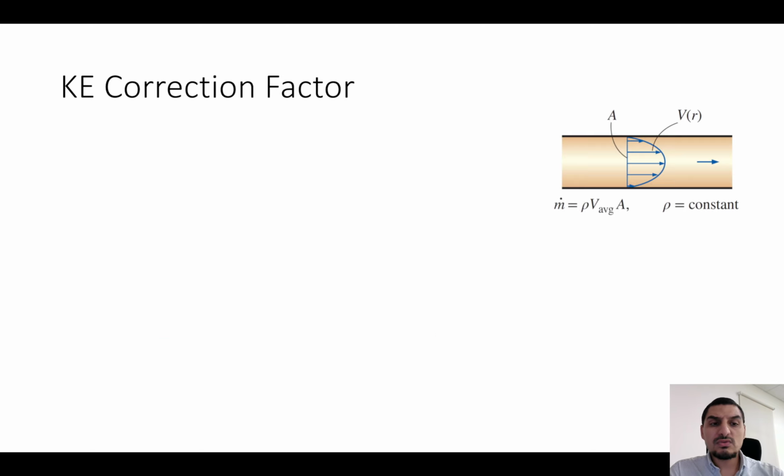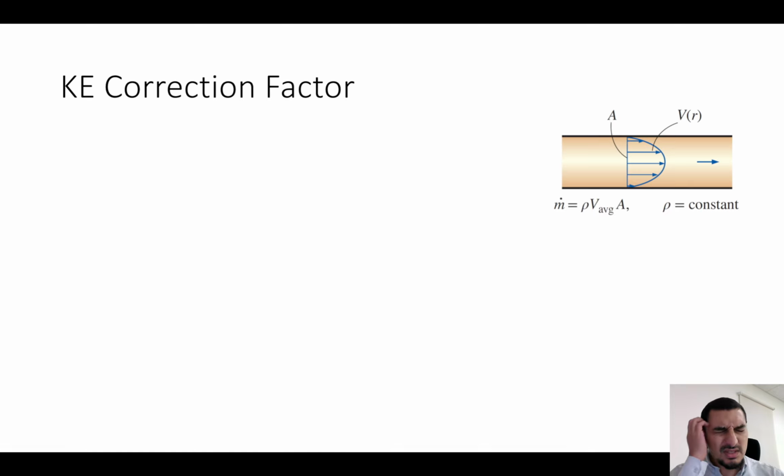So what we want to discuss here is what we call the kinetic energy correction factor. And this is a correction factor that we use for getting accurate calculations of the kinetic energy.